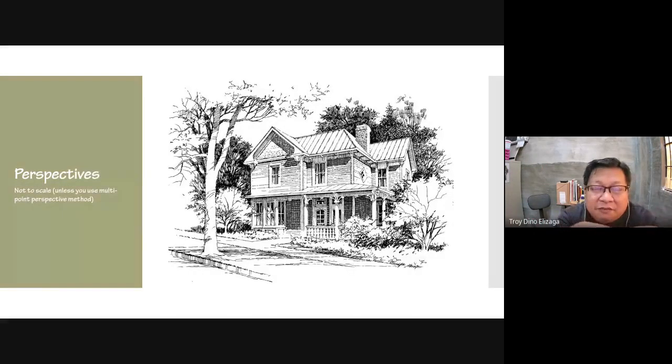Now, perspectives should not be scaled unless you're doing a multi-point perspective method, which I used to teach in Graphics 3. But I noticed that a lot of the students nowadays make use of SketchUp.